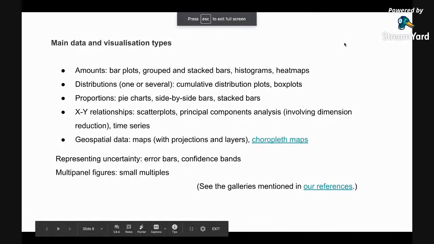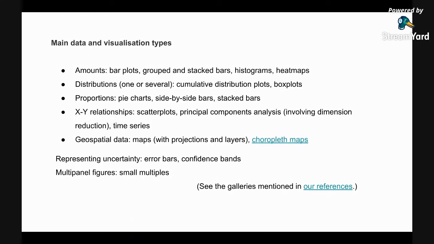So we talked about amounts. In some cases, you want to see distributions of the values in your data set. That's where the cumulative distribution or density plots and the box plots come in useful. Whenever you want to show proportions between different things in your data, side-by-side bars and stacked bars are useful.